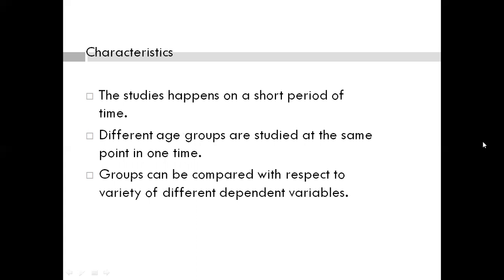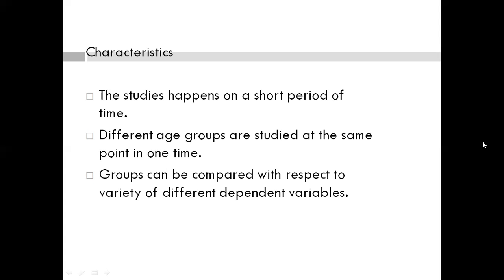Researchers investigate the information among the group of people, but do not manipulate variables. Groups can be compared with respect to a variety of different dependent variables.